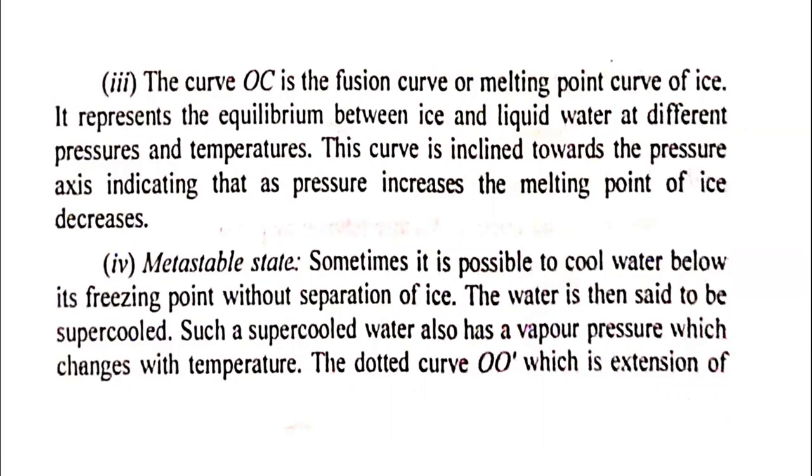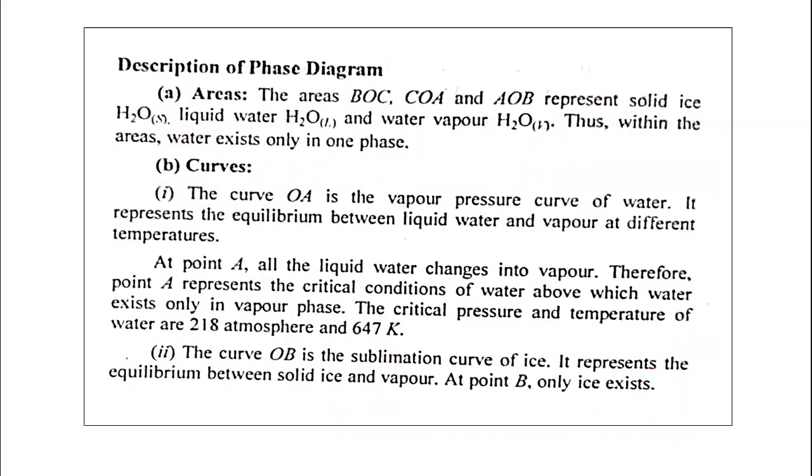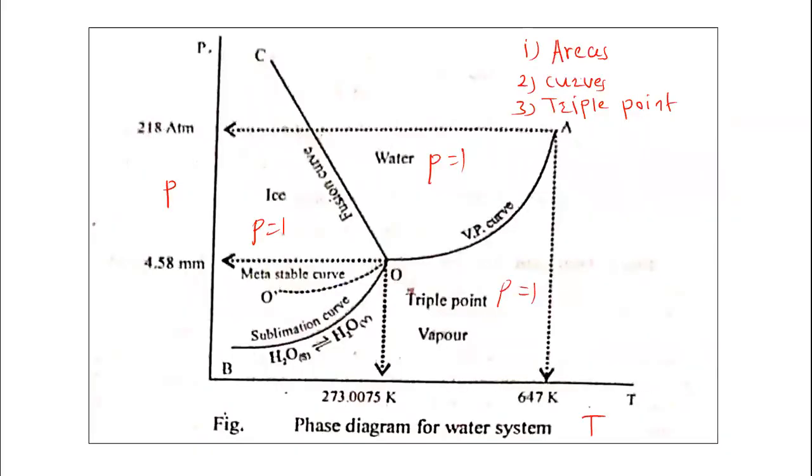curve existing, that is a metastable state. So what is a metastable state? This exists in the phase diagram. Sometimes it is possible to cool the water below its freezing point without separation of ice. First of all, let us see this curve AO, where liquid water is in equilibrium with vapor water.